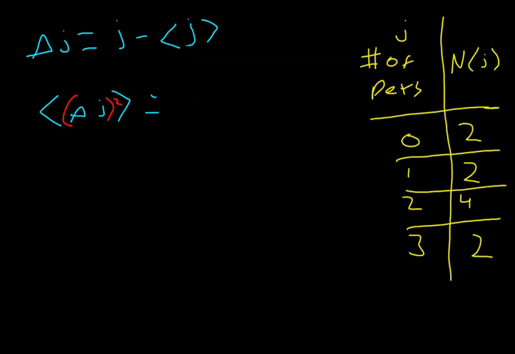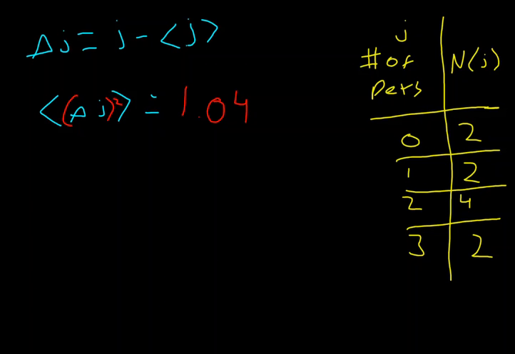Well, in this case, you can actually do that, and I can let you go and figure that out on your own, what the expectation value of the deviation squared is. But I can tell you that you're going to get, if I did this right, 1.04. And I'll show you another way we can actually get to that.